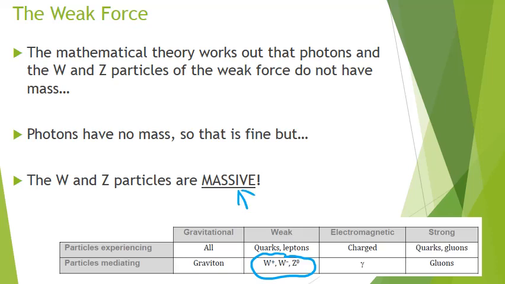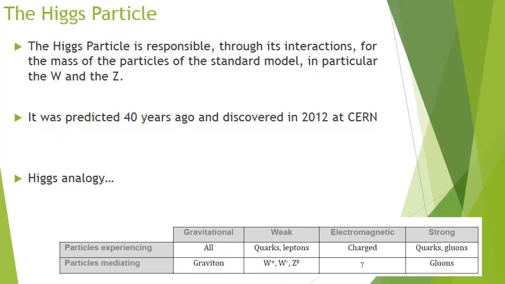And so they made the theory that there must be this Higgs field, and that this Higgs boson, this Higgs particle, must exist. They thought that the Higgs particle is responsible, through its interactions, for the W and Z bosons operating the way that the standard model looks at.